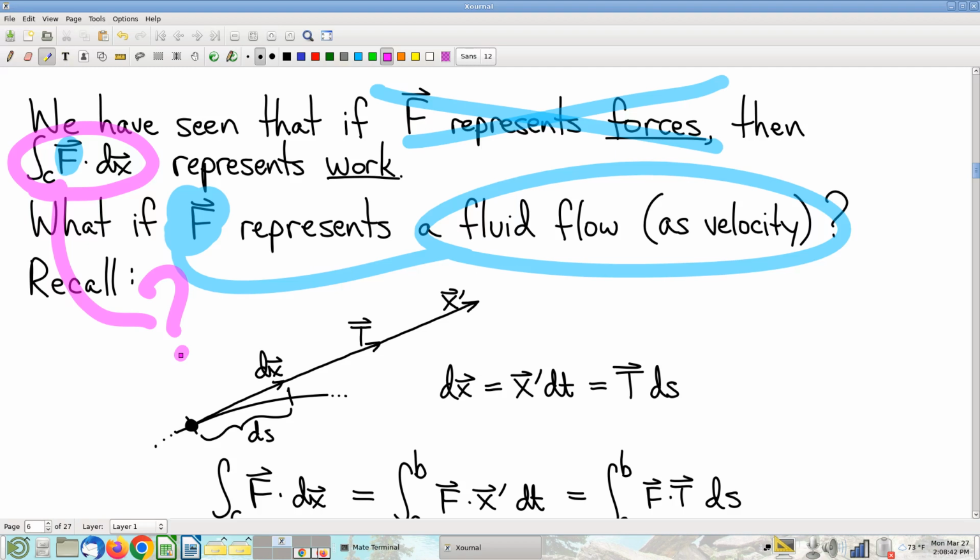It's not work, right? This is only work if the integrand is force, which it isn't anymore. Now it's just a velocity. It's a totally different physical concept. So, big question, what is the vector line integral in this case?